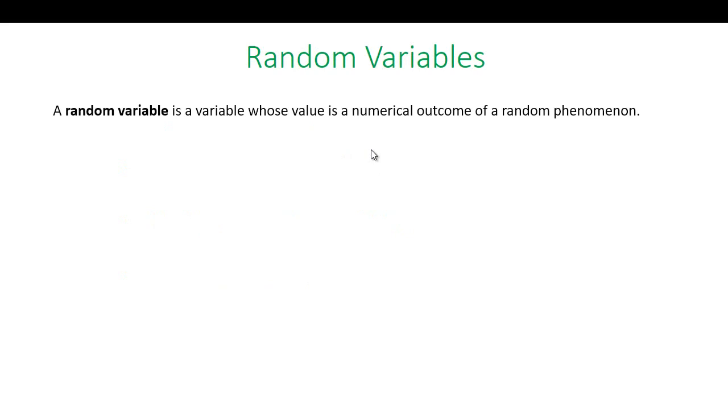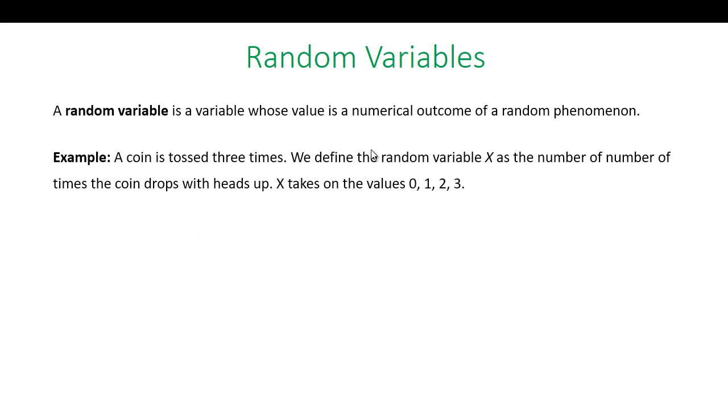Okay, so what's a random variable? A random variable is a variable whose value is a numerical outcome of a random experiment. So basically, when you have a random experiment, there is an associated sample space containing all the outcomes of the experiment.